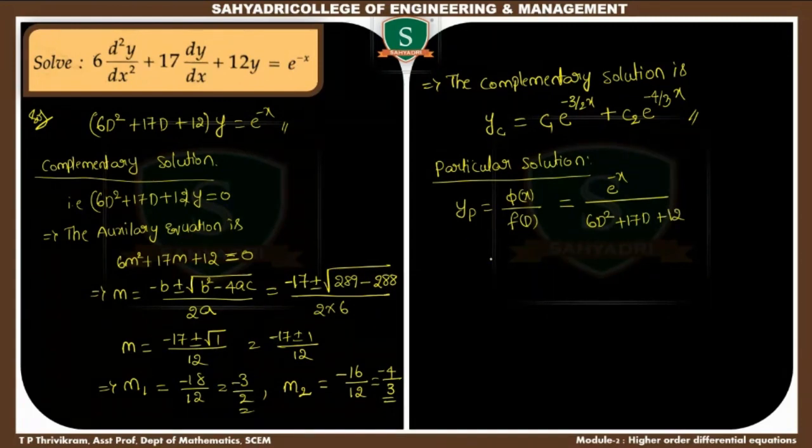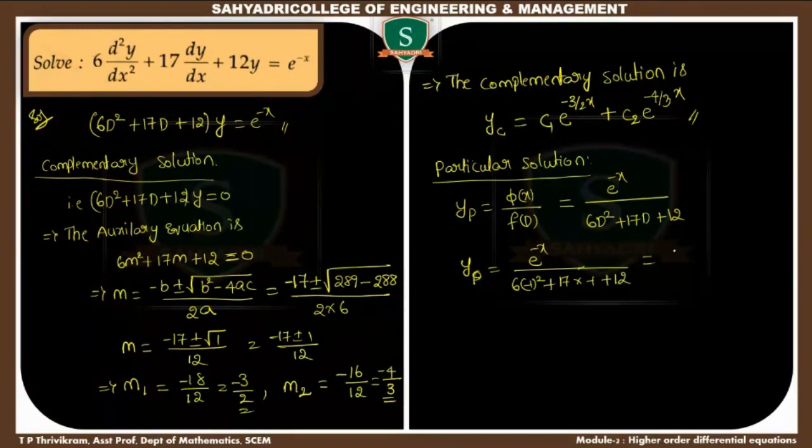So yp is equal to, we have to substitute the coefficient of x in place of D. What is the coefficient of x here in the numerator? e power minus x, so the coefficient is minus 1. So I'll get e power minus x divided by 6 into minus 1 square plus 17 into minus 1 plus 12, which is e power minus x divided by 6 minus 17 plus 12.